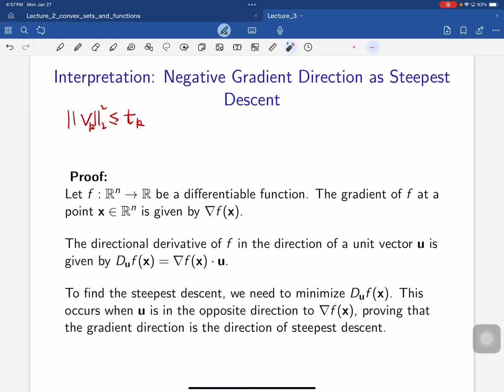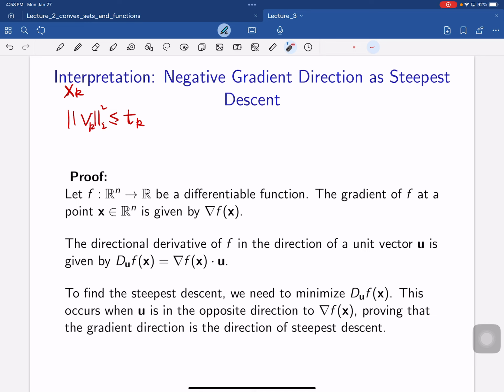Again, the claim is the following. I'm at a given point xk. Now, I'm trying to decide the direction vk. The only constraint on vk is that its length has to be smaller than or equal to tk. You can take any arbitrary vector or arbitrary step whose length is less than or equal to tk.